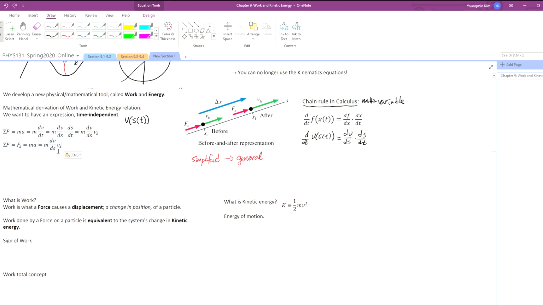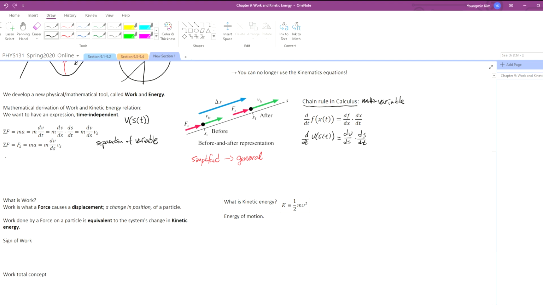Now we see we have dv with the velocity and we have force with ds. So we're going to perform what we did several times in the past: the separation of variable technique here.